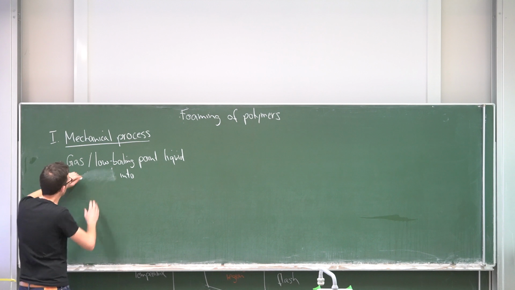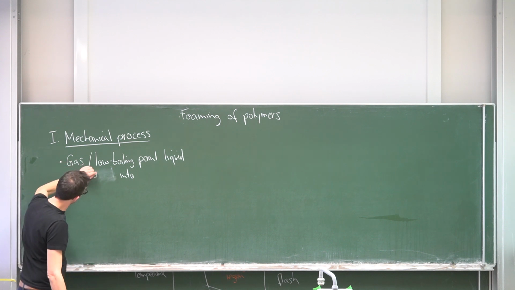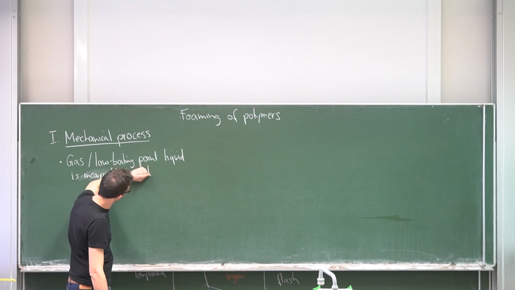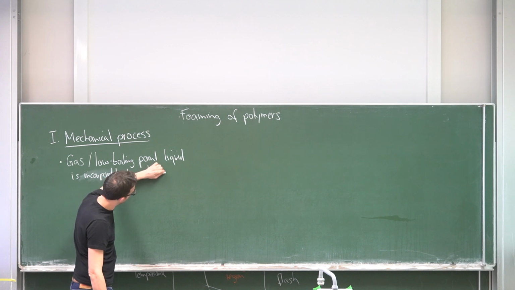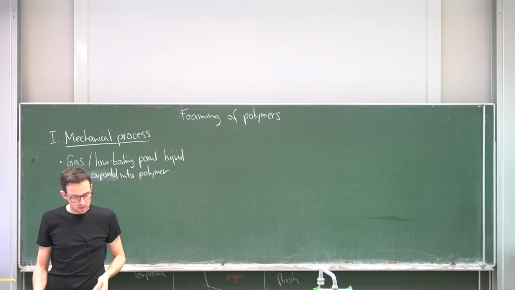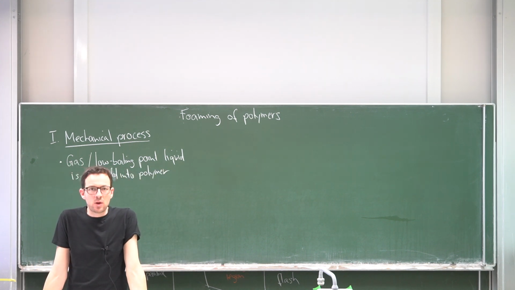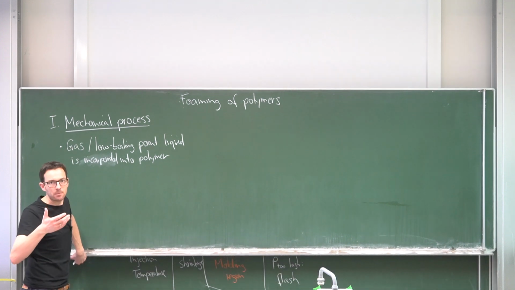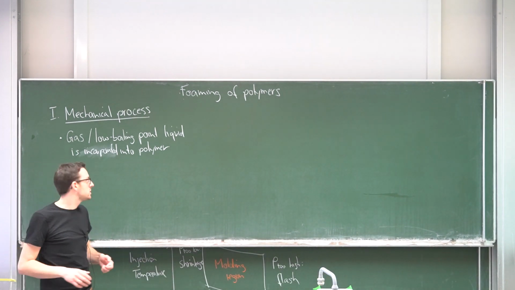Let's not call it inserted, but call it incorporated. So how do we do this? First, the polymer needs to be somewhat liquid in order to mix with that liquid, or needs to be malleable.